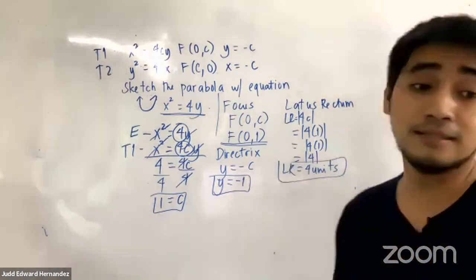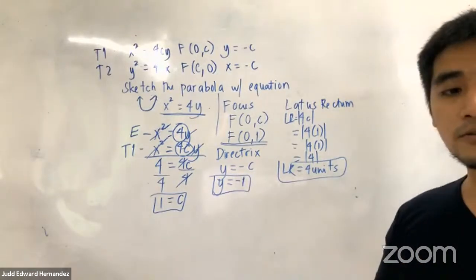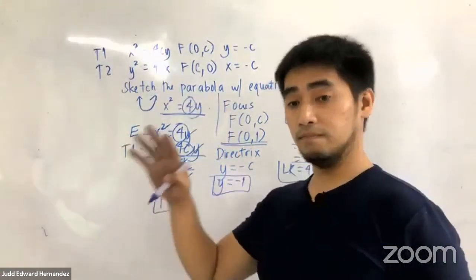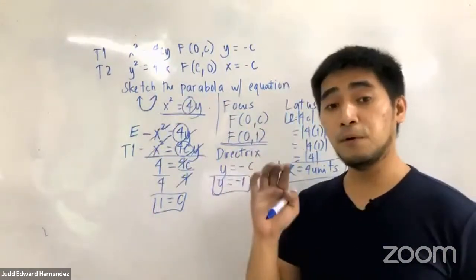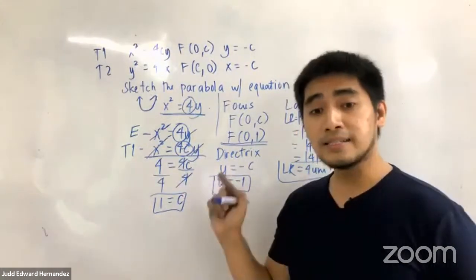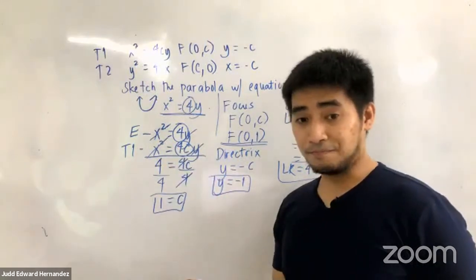Okay, another technique. Guys, another technique, makinig. Pag sinabi nating latus rectum, that is always the coefficient of the variable na hindi ini-square. And in this case, this is 4. Kasi ang kasama niya si y at hindi si x squared. Maliwanag?